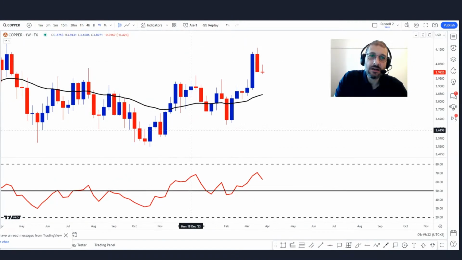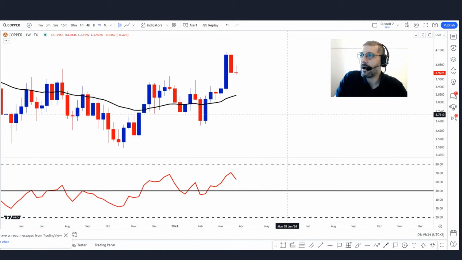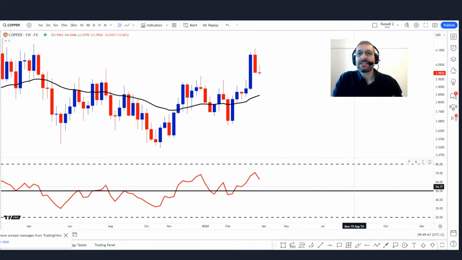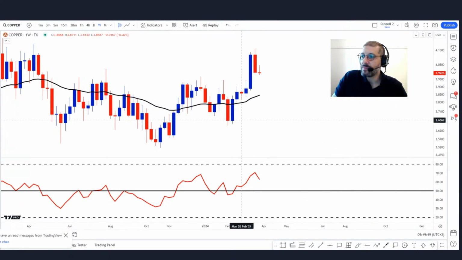So let's take a look at the weekly chart of copper. And what we have here is candlesticks that are above the 30-week exponential moving average. Which direction is the 30-week exponential moving average? It's pointing in that northeast direction. Where is the RSI? The RSI is above 50.